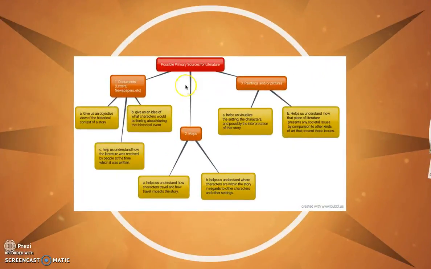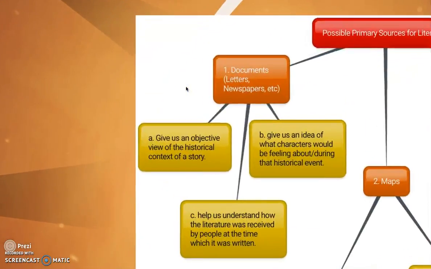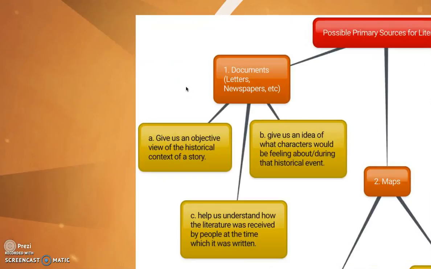So first, we're going to look at how primary sources are possibly helpful in literature. First we're going to take a look at documents and how documents are important primary sources when analyzing literature. Documents include letters, newspapers, things of that nature.